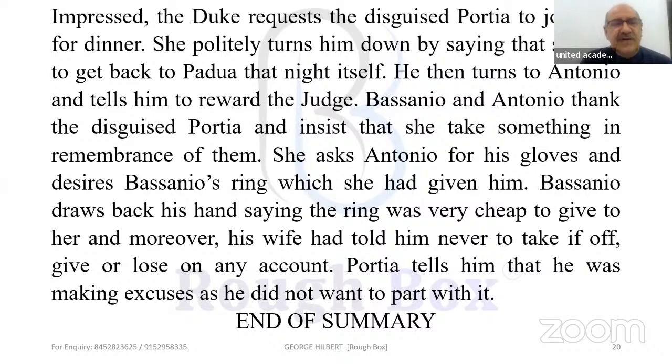Bassanio and Antonio thank the disguised Portia and insist that she take something in remembrance of them. She asks Antonio for his gloves and desires Bassanio's ring, which she had given him.